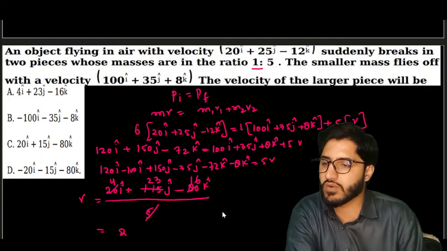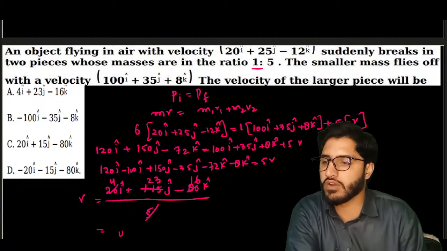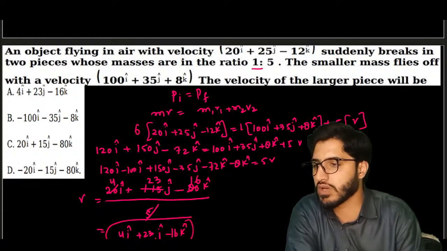So I can write 4 i cap plus 23 j cap minus 16 k cap. I think option A. Yes, option A is correct.